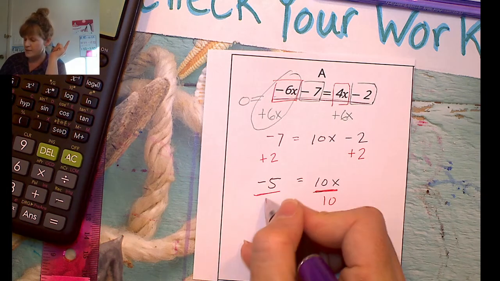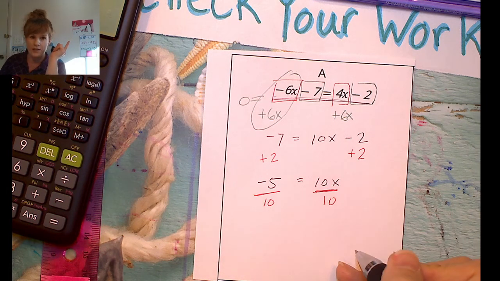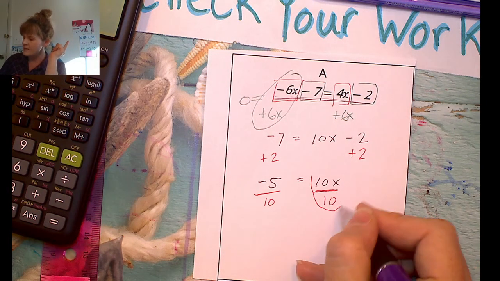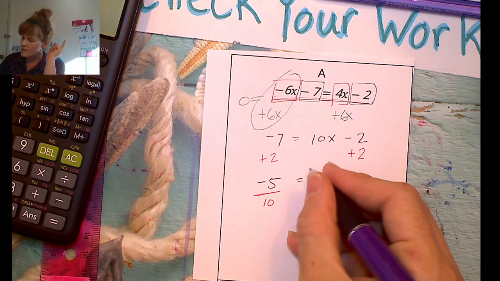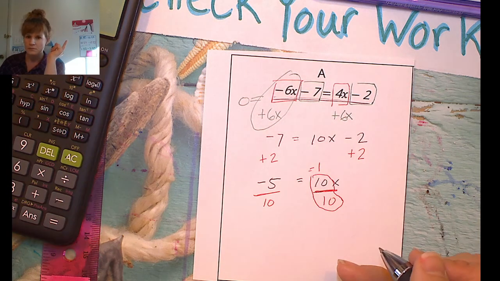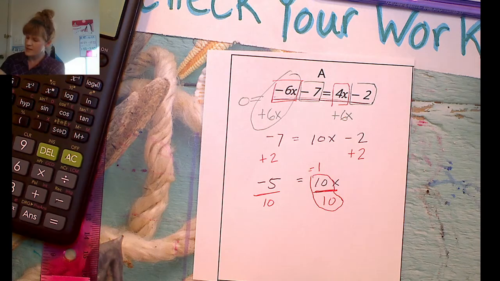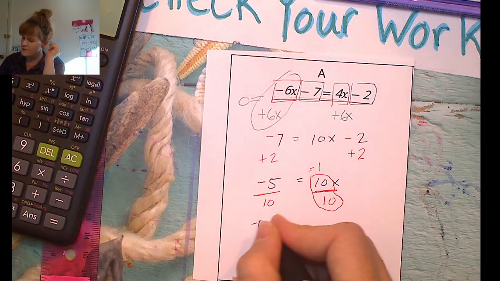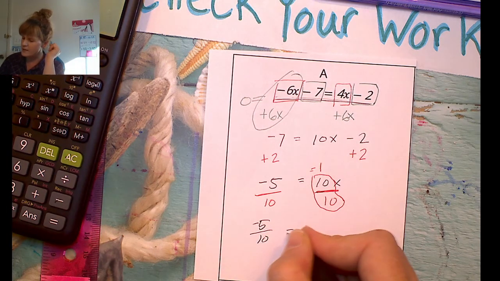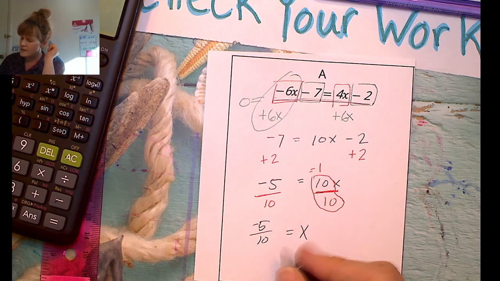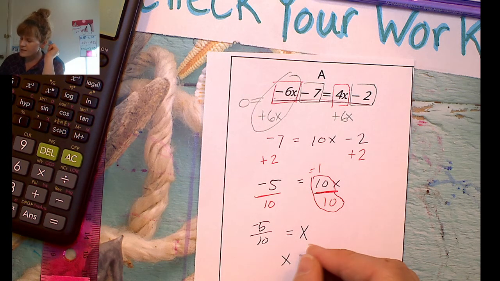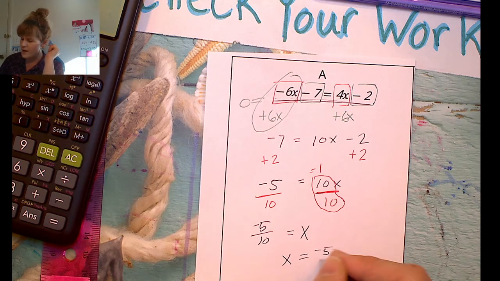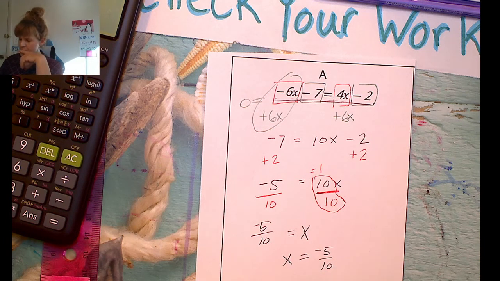I have to do the same thing on the other side of the equation. This 10 divided by 10 equals 1. So my equation is negative 5 over 10 equals x. In other words, x equals negative 5 over 10.